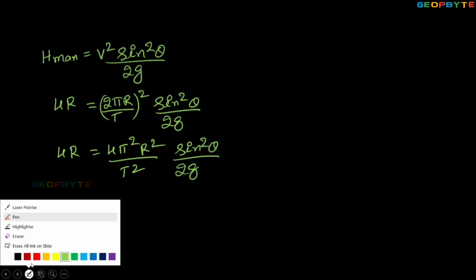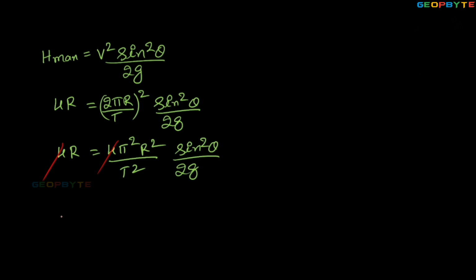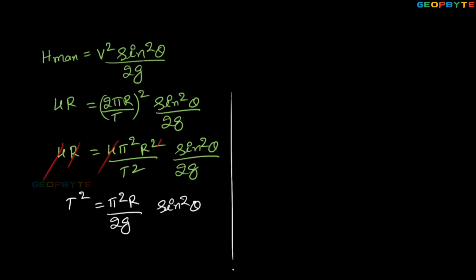Now look, the 4 can be cancelled, and one r is cancelled. Finally, we should be very careful. T square equals pi square r by 2g into sine square theta. From this, I can write sine square theta equals 2g T square divided by pi square r.